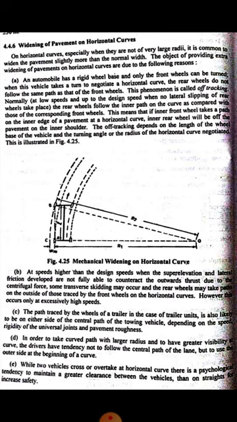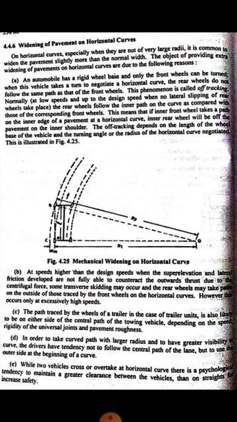You can see it in racing games when a car comes at very high speed and turns on the curve: the rear wheel is slightly outward, due to the centrifugal force we studied in super elevation.